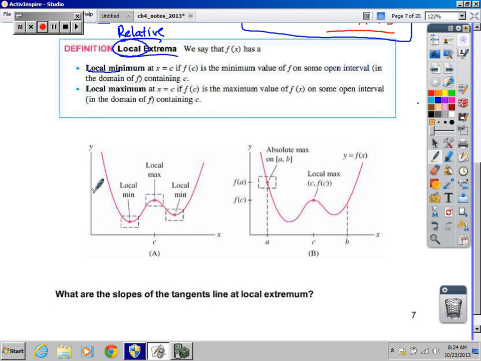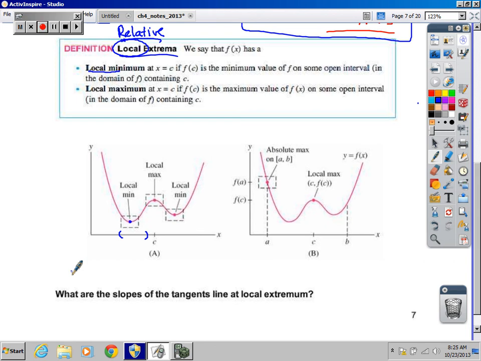So a relative min is going to occur if the functional value at c is the minimum value on some open interval in the domain of f containing c. So that means we can look at the diagram right below here. There's got to be an interval. Let's say this is an open interval right here. Then this is considered a local minimum.